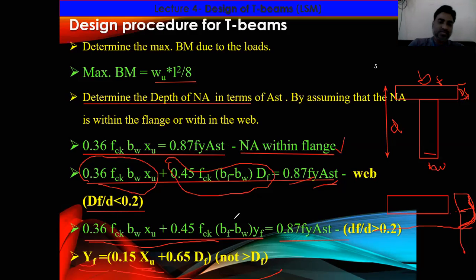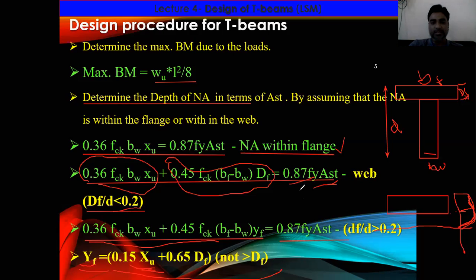Or suppose if you have assumed that the depth of neutral axis is within the web and the df by d is less than or equal to 0.2, then you need to use the corresponding bending moment equation to determine the area of steel.